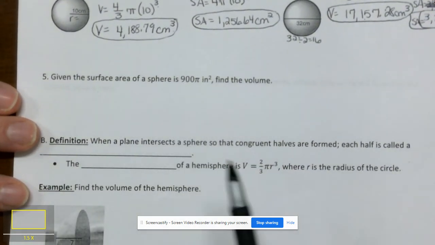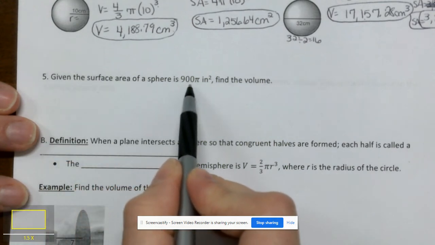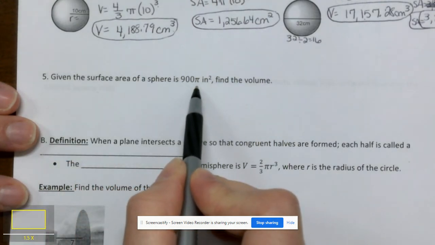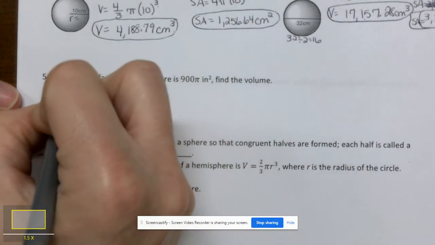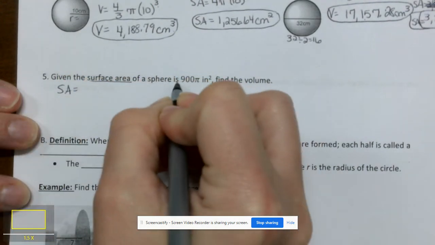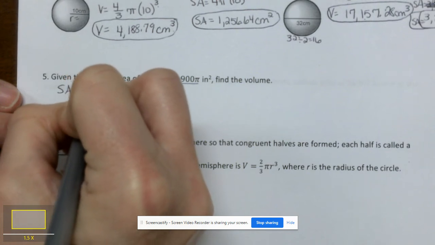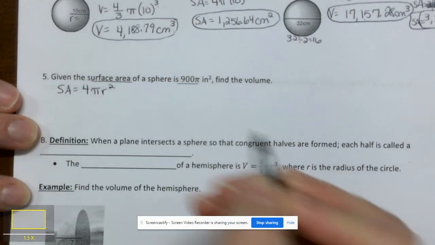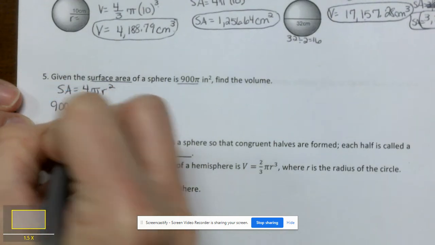This time they don't give us a diagram. Given the surface area of a sphere is 900 pi inches squared, find the volume. We know that surface area is 4 pi r squared, but they're telling us that the actual surface area is 900 pi.